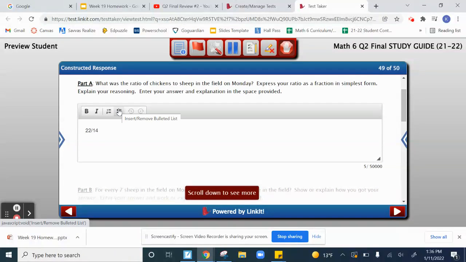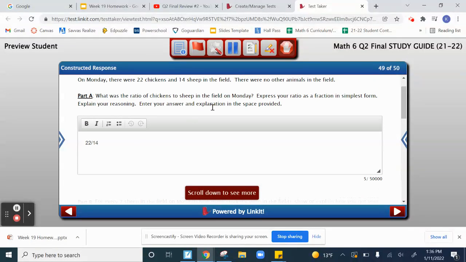Now, very important, this needs to be in simplest form. I need to think, what numbers can I divide both 22 and 14 by? And that is going to be, you guessed it, 2. So divide both terms by 2 and get 11 over 7.